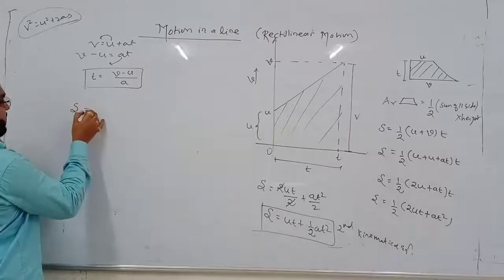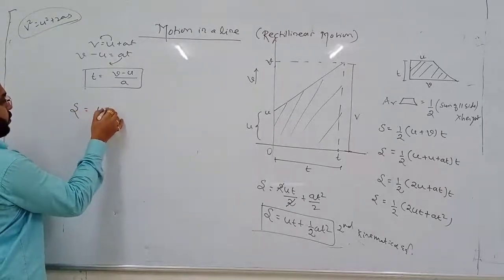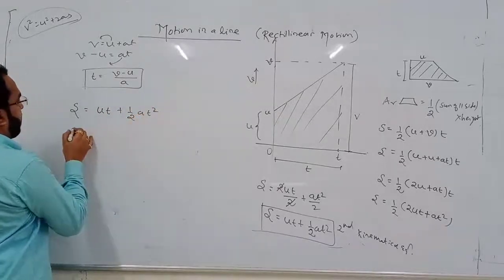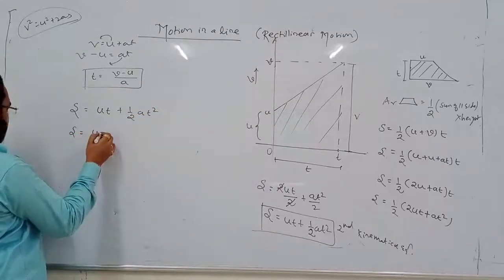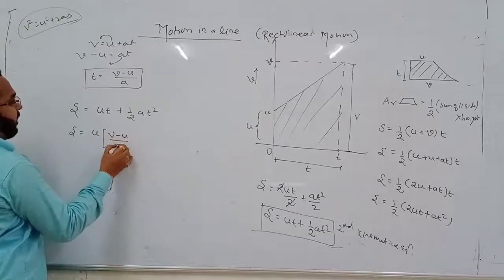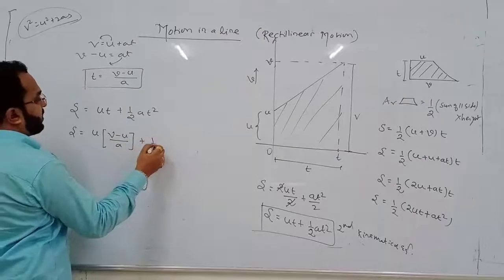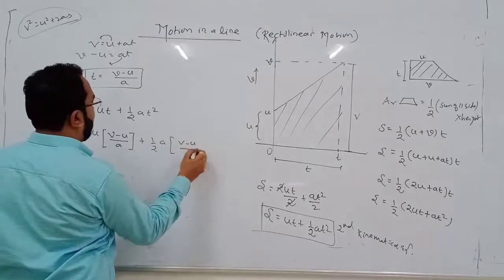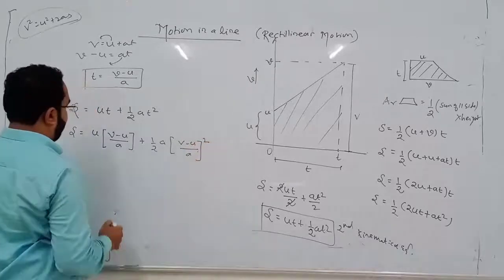So s is equal to ut plus half at square. In place of time we can write v minus u upon a. So s is equal to u into (v minus u) upon a plus half a into (v minus u upon a) whole square.